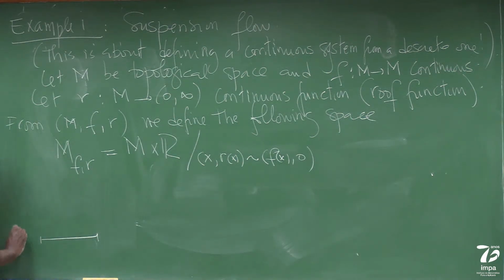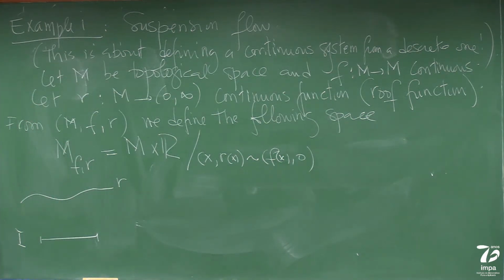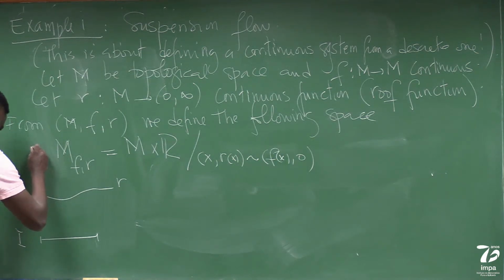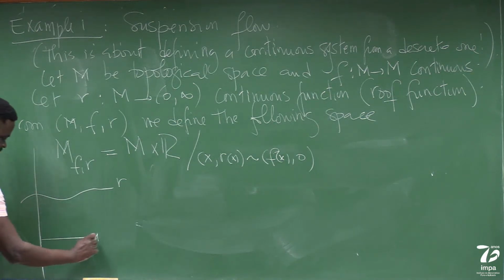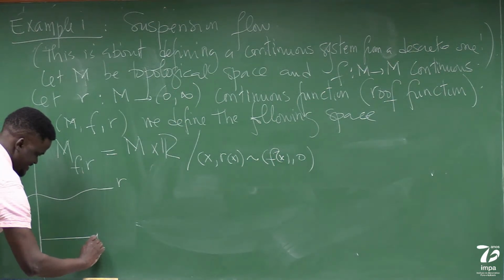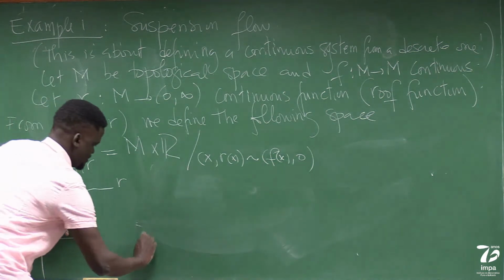I have a roof function, so this is r, which is a roof function, the graph of r. So M is [0,1] here.